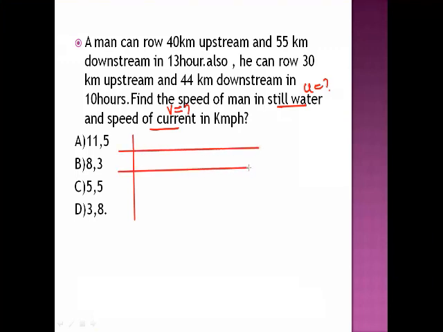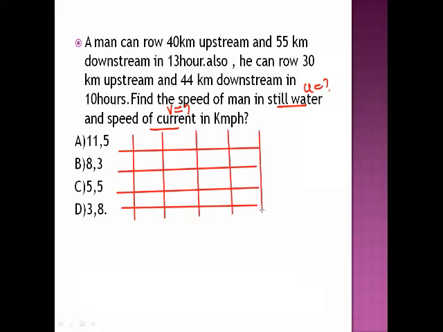So quickly I will draw the table. In this table, I will write upstream and downstream, with speed, time and distance. The man can cover 40 kilometer upstream and 55 kilometer downstream in 13 hours. The total time is given for the journey including both upstream and downstream, that's why I've written it in the middle.